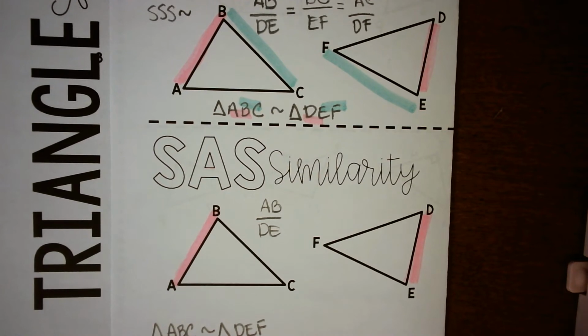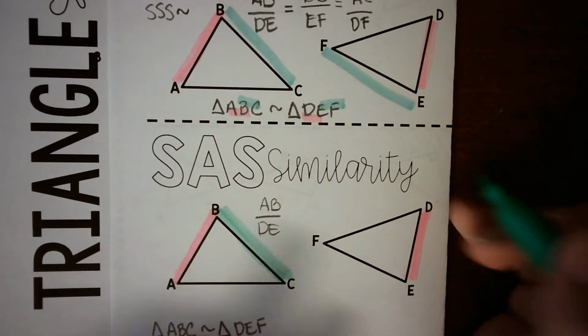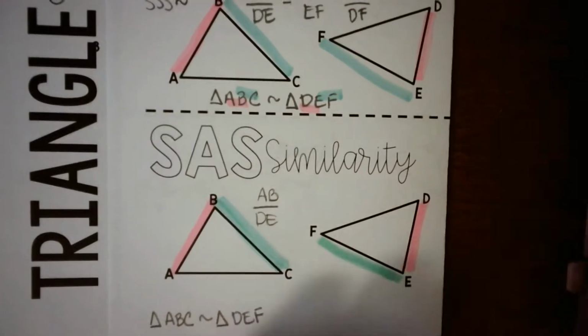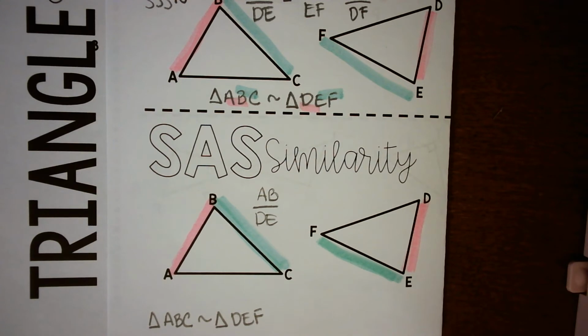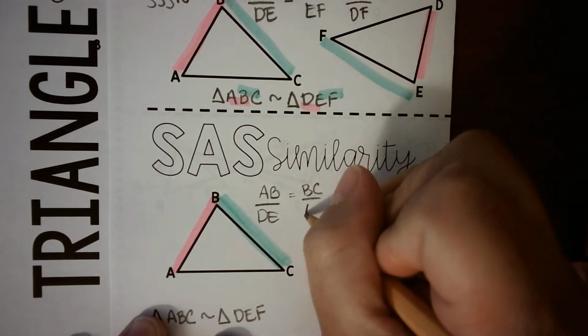And we also had that BC and EF are the sides that correspond with one another. BC and EF.